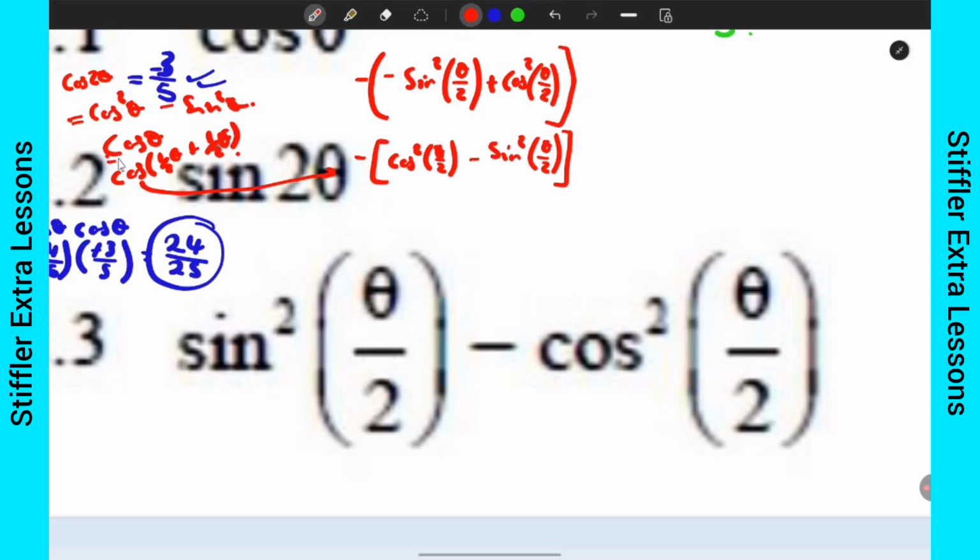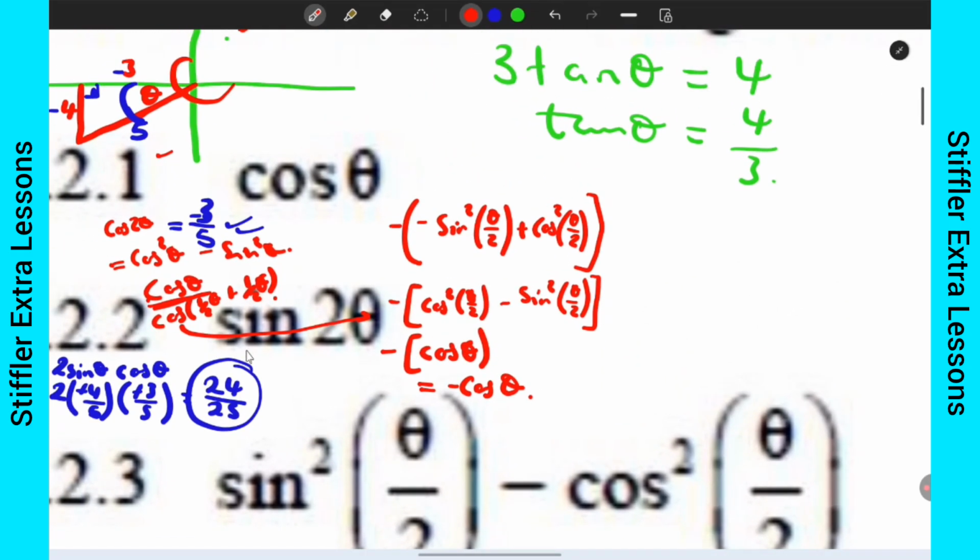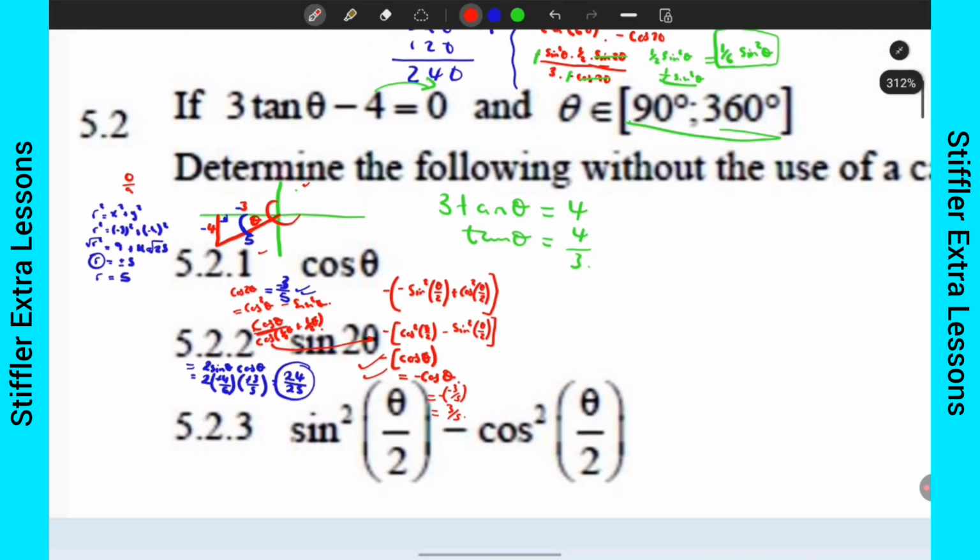So we can reduce it into cos theta. So this will be negative, and then this, as we said, is a double angle in such way, so it will be reduced to just cos of theta. So this will be negative cos theta, and we already found our cos theta to be negative 3 over 5. So this will be equivalent to negative, negative 3 over 5. So our value becomes positive 3 over 5. As simple as that. This is very, very simple.